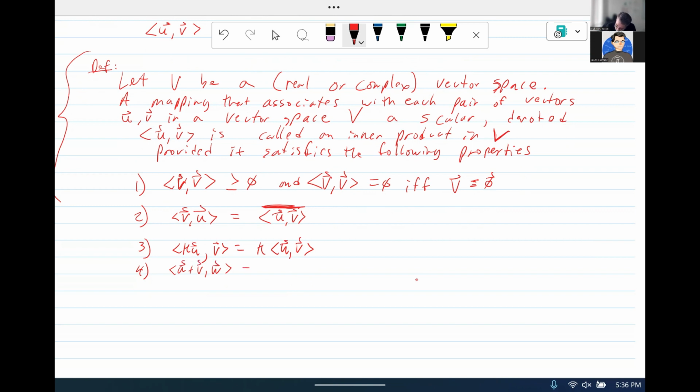UVW is equal to UW plus VW. Why do my U's and W's look similar?